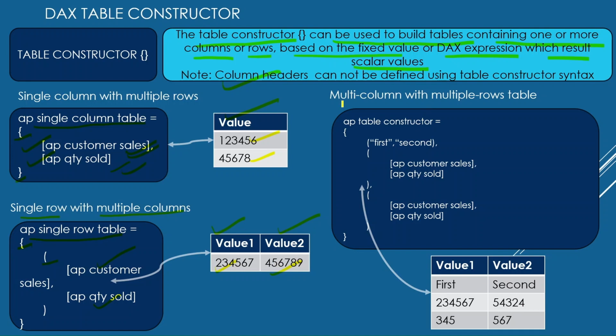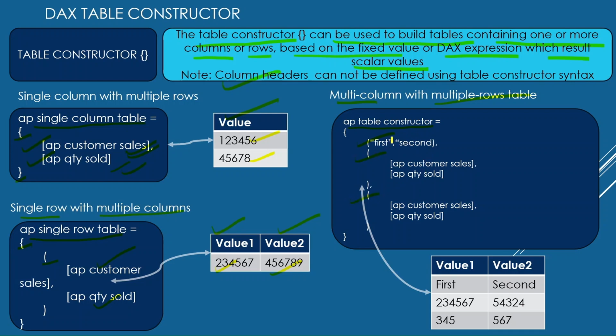Now let's discuss a multi-column, multi-row table. So here, this is the table constructor. This is the name of the table which we are going to create. This is the first row of the column, this is the second row of the column, and this is the third row of the column.